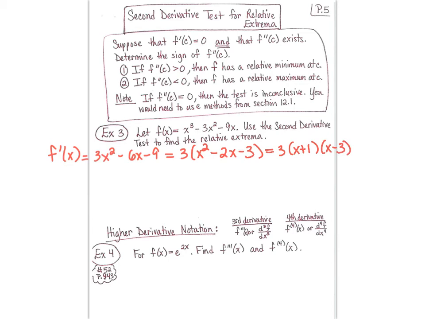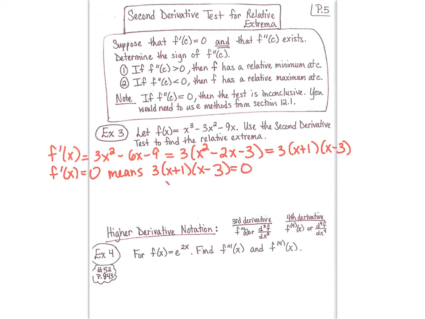Pause the video and review how to factor if that seems confusing. Now, f prime of x equals 0 means that 3 times the quantity x plus 1 times x minus 3 is equal to 0.